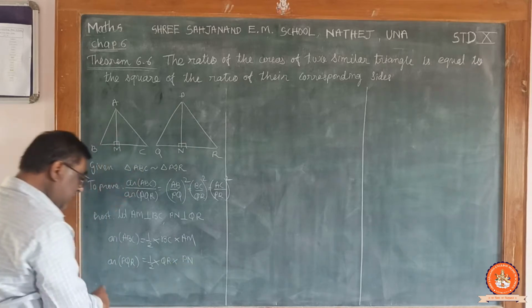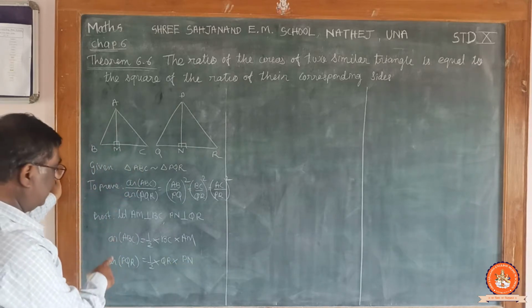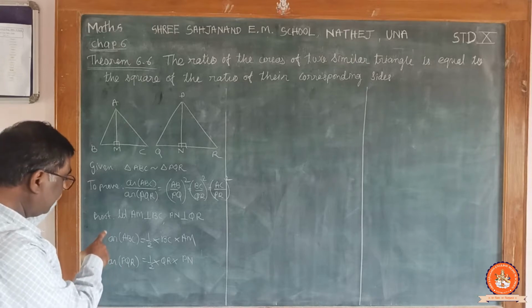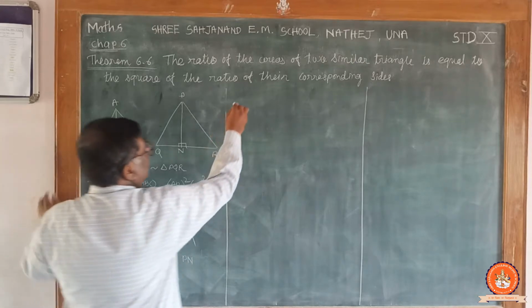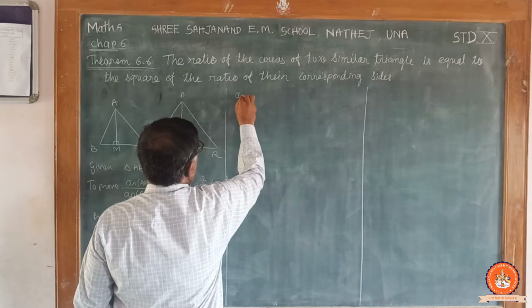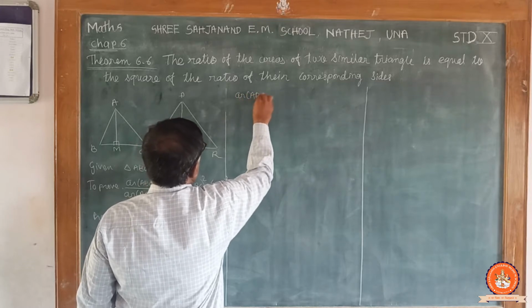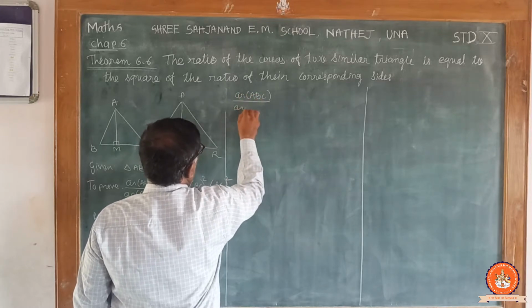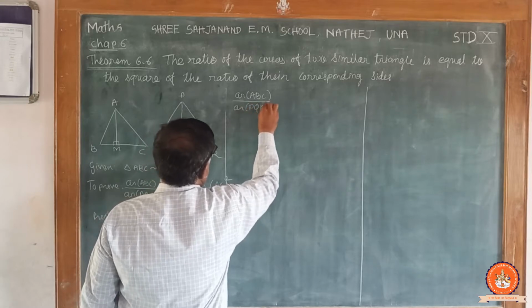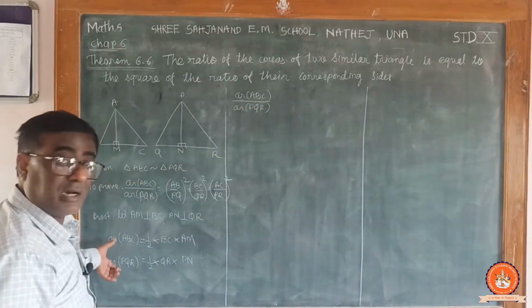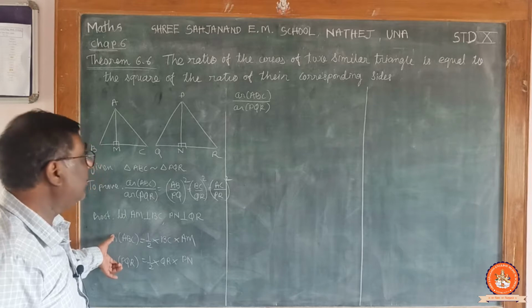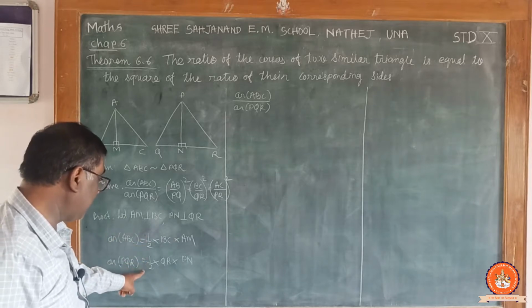As we take the ratio of the areas of these two triangles, area of ABC upon area of PQR, the half cancels.